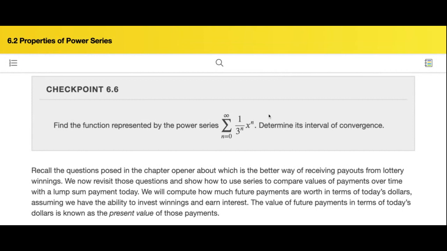So the geometric series is saying 1 over 1 minus x divided by 3. And we need the absolute value of x divided by 3 less than 1. Hope everyone is trying it.